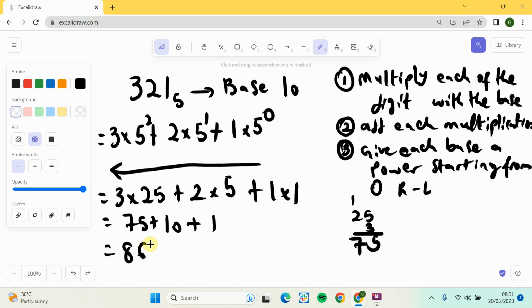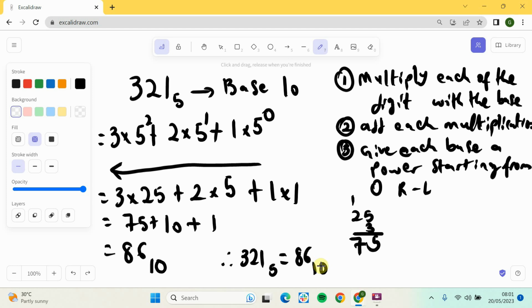So at the end of the day, we see that doing all of this, we have converted the number to base 10. Because it's base 10, I represent it with a subscript 10. Therefore, 321 base 5 is equal to 86 base 10.